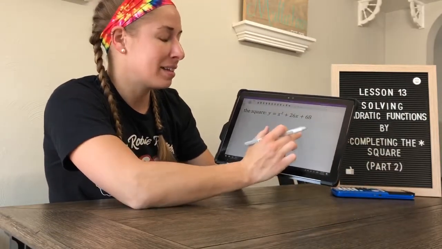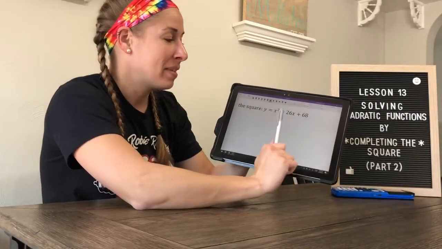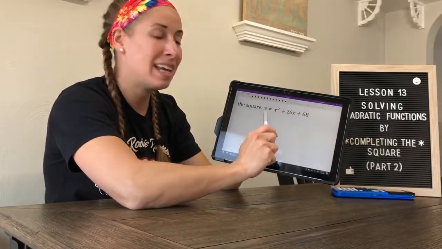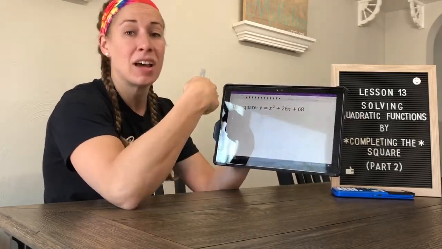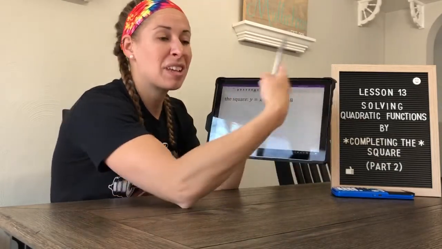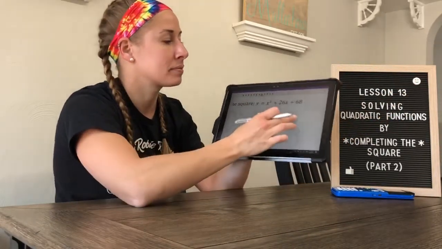The only thing that's slightly different about this, oh my goodness, it smells so bad. Okay, is we want to keep y by itself. So normally we would move that 68 to the other side. You still can, but you can also just move it out to the far side because we don't want that there.